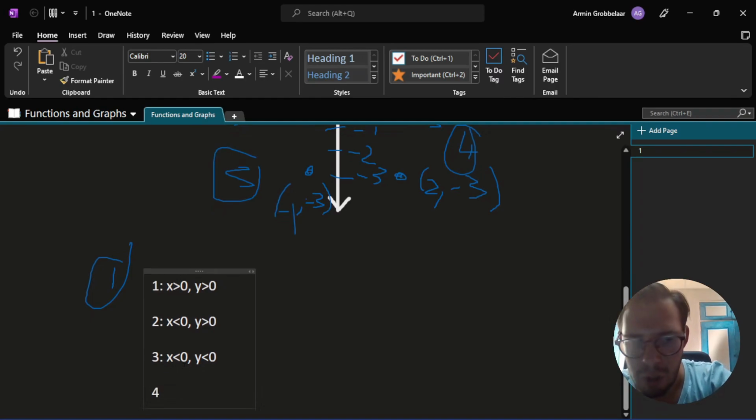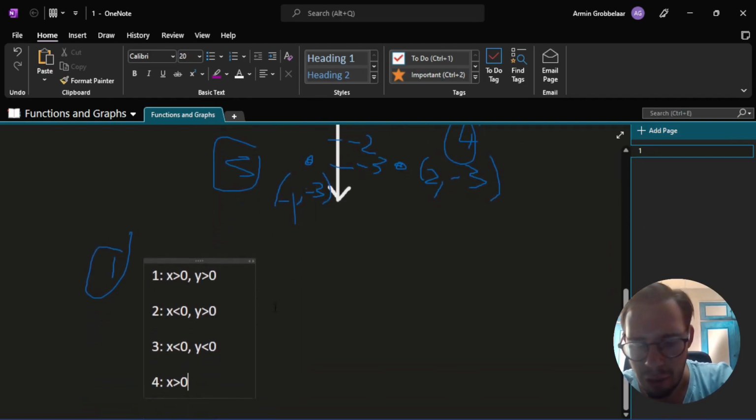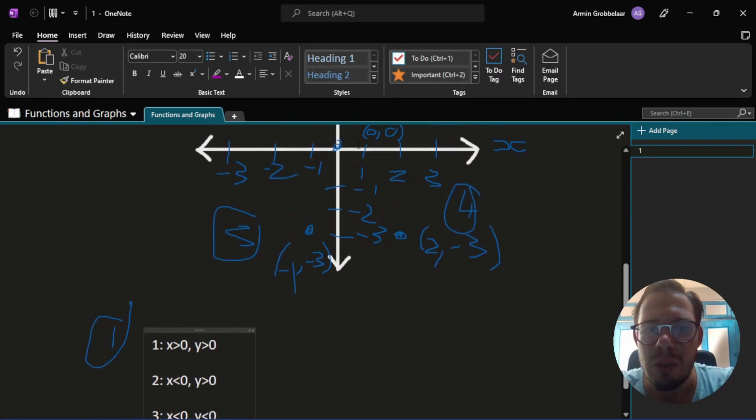Then in the fourth quadrant, we have x greater than 0 because it's the right hand side there, and we have y less than 0 because y is negative at the bottom.